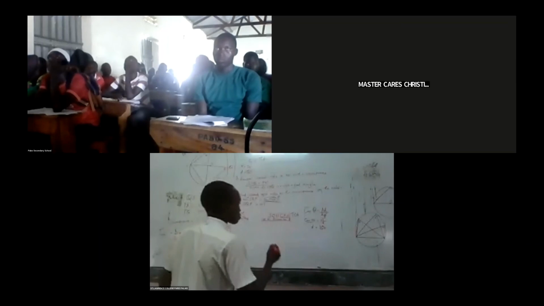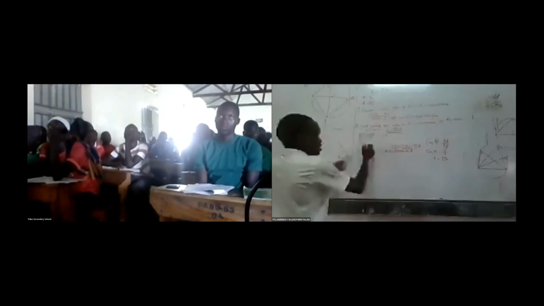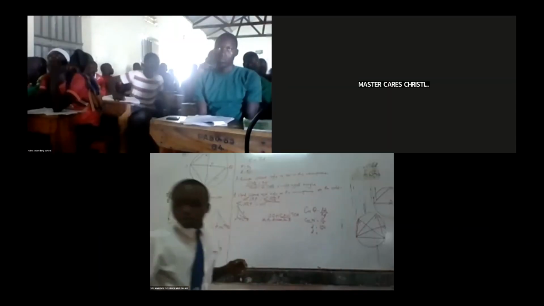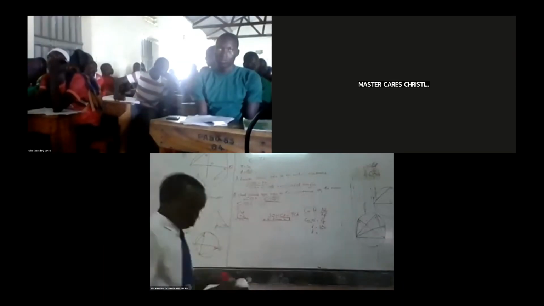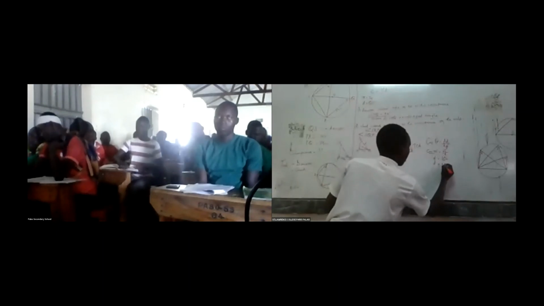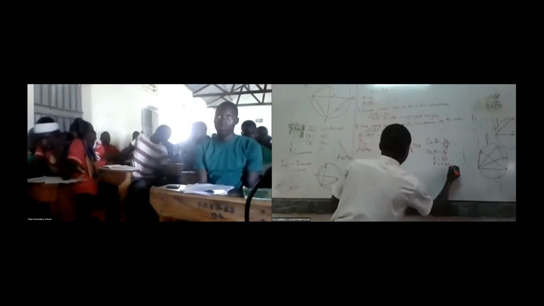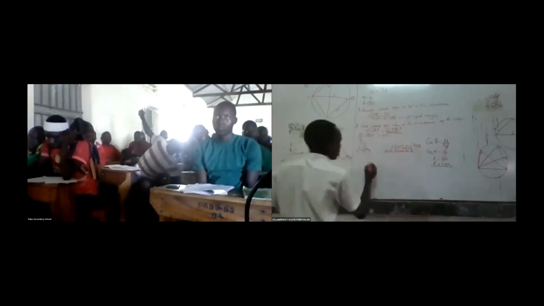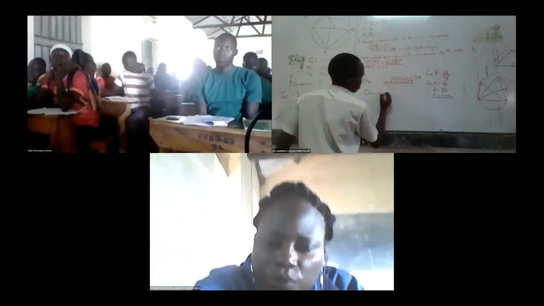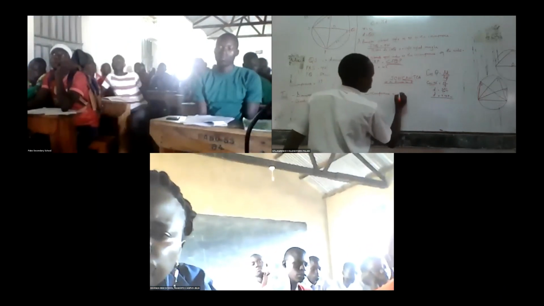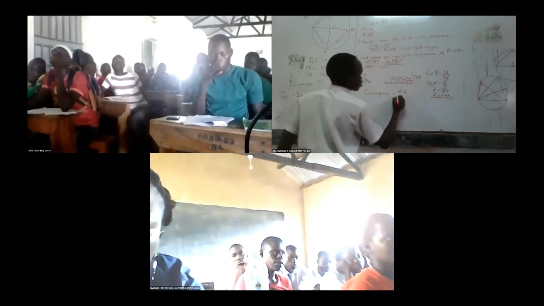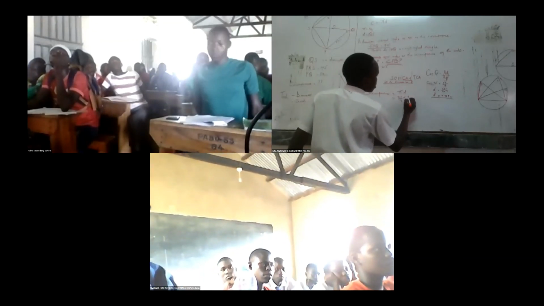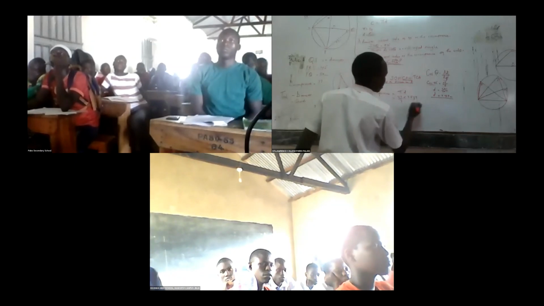Complete. Okay. So our diameter is going to be 7.939 centimeters. So from that, we know now the diameter of the circle. So circumference is equal to pi times diameter, which is going to be 22 over 7 times 7.939.